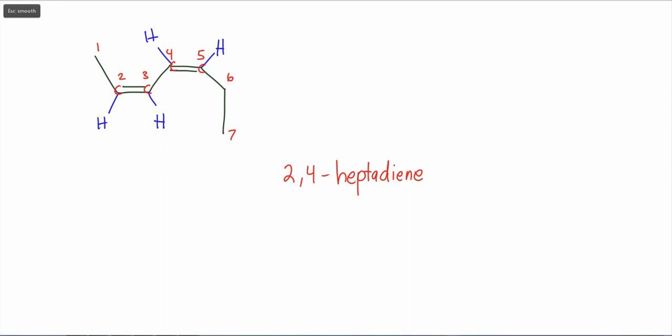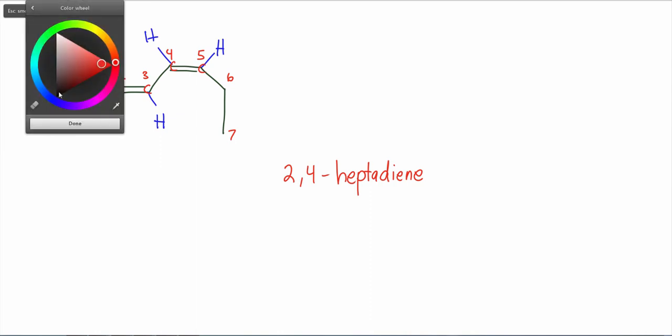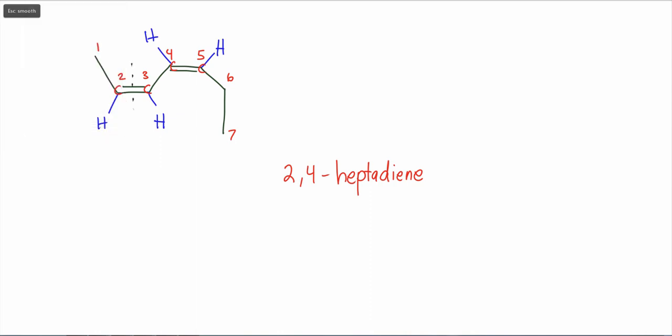Okay? Now, let's bisect that double bond. So we're going to compare this side, which has a carbon and a hydrogen. So that's going to get position 1. That's position 2. Okay? We're going to compare this side. This is going to give us another carbon and hydrogen. That is going to be position 1. This is going to be position 2.